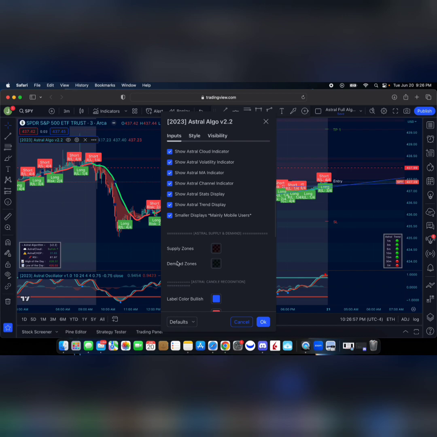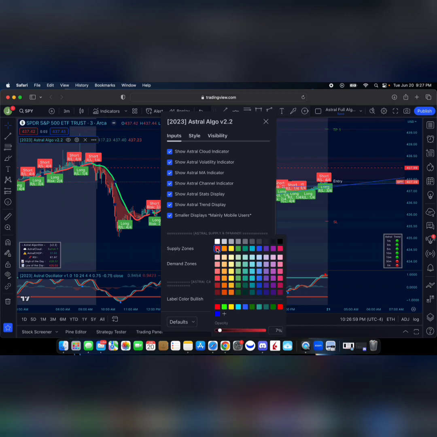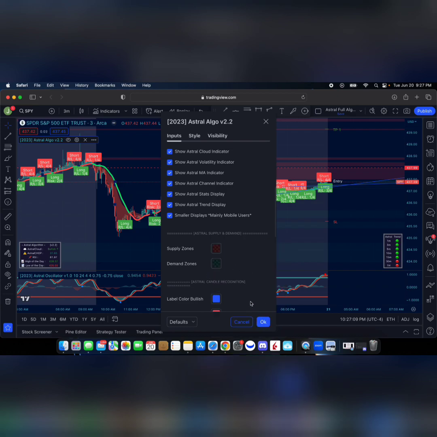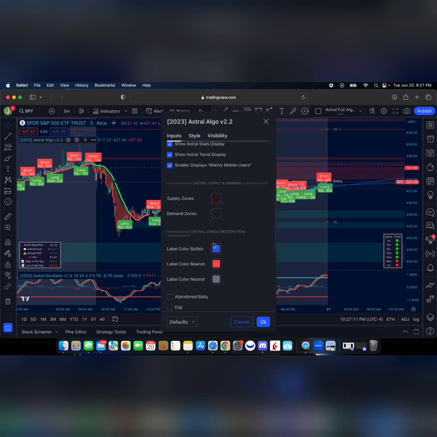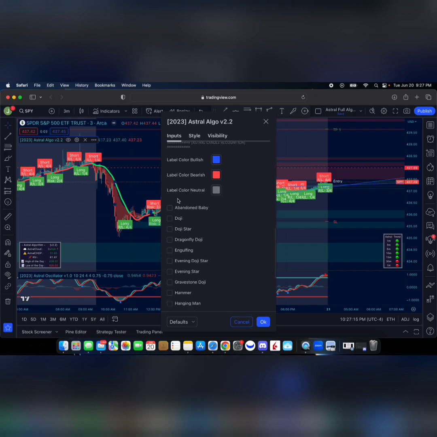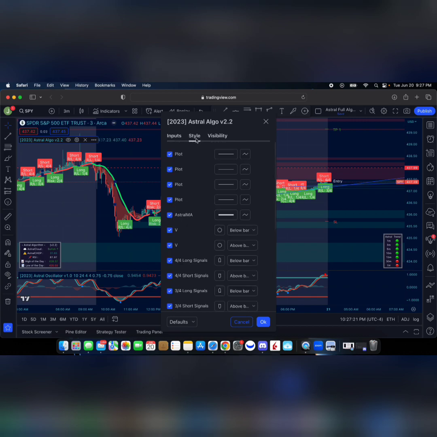And then you have your supply and demand zones. I usually keep it just under 20 or just right at 20. Kind of pops just a little tad. And then the candles, bullish, bearish, neutral. You can click any one of these if you want, if you know your candles, but I usually don't. It's up to you.